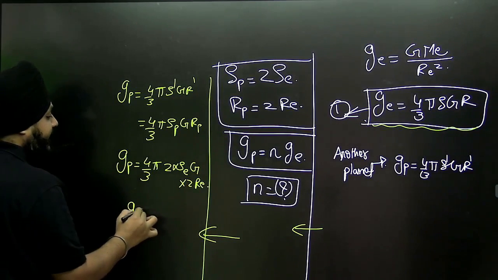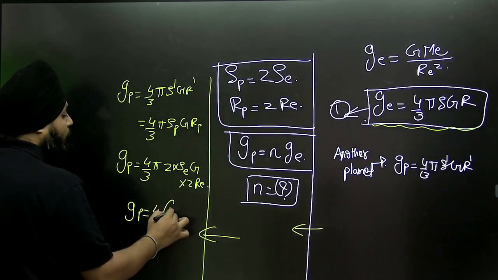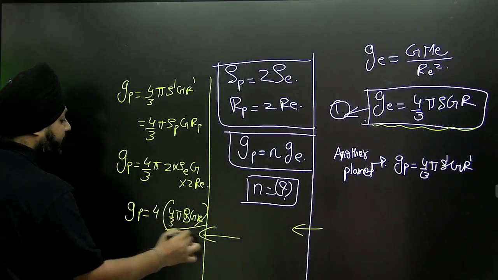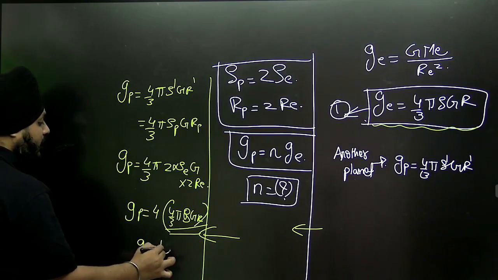So g of planet is 4 times 4/3 pi rho G r. That is 4 times the gravitational acceleration of the earth.